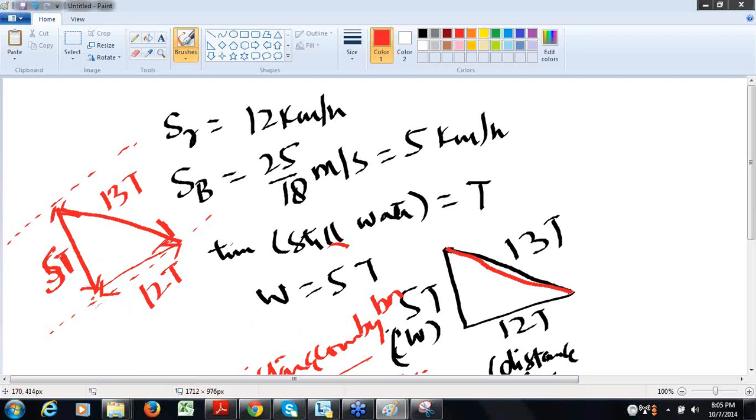So this is the width and this is the distance the current pushes you, perpendicular to the width.